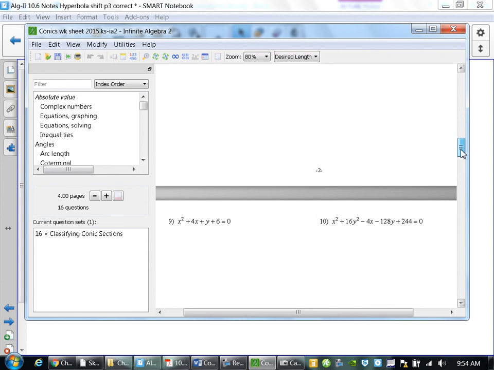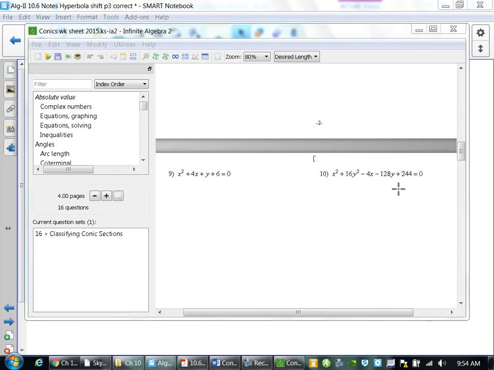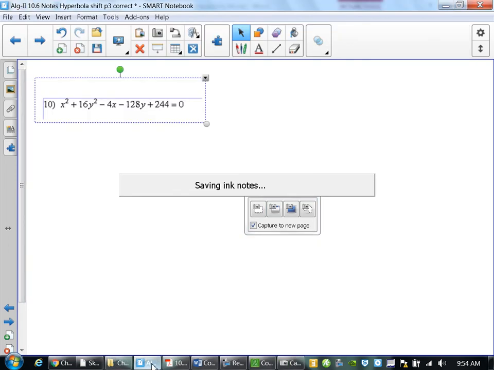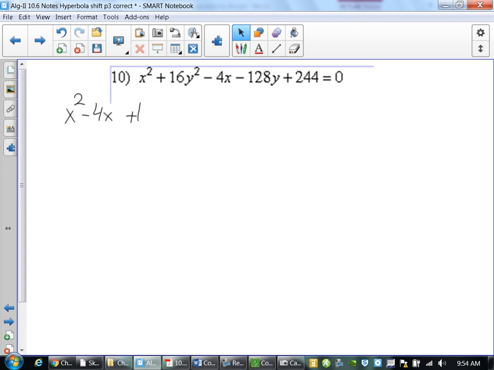Is there maybe a center point for the ellipse? It's not shifted. How do you know if it's shifted or not? We have a plus sign between the two. We have x squared minus 4x, 16y squared minus 128y equals negative 244.